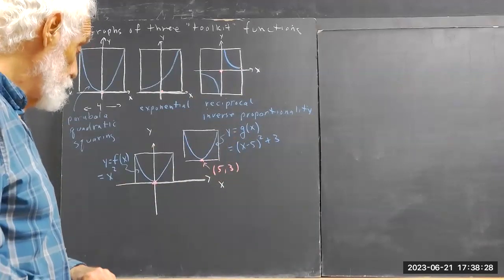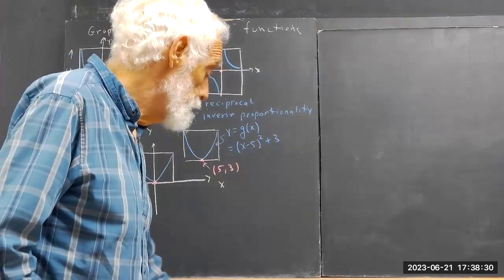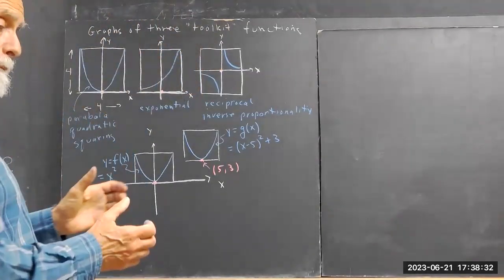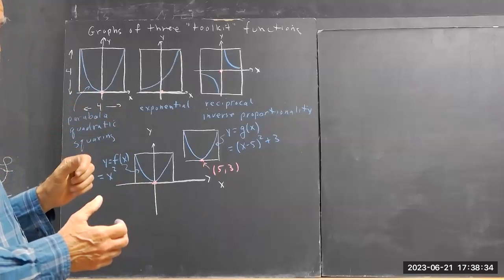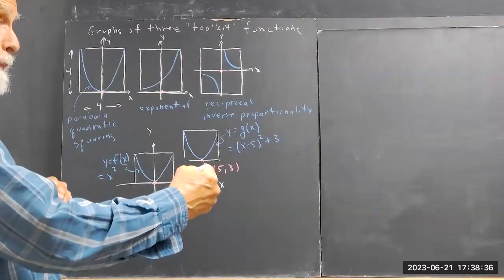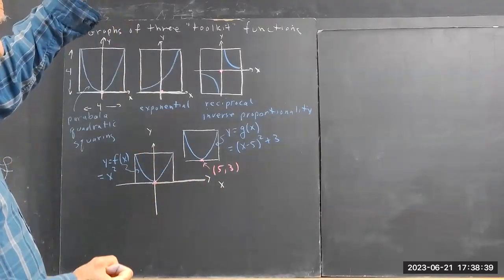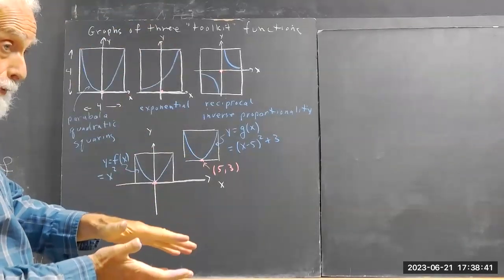We can also change the shape of the rectangle. We can stretch it out this way. We can stretch it up this way. We can scrunch it down this way.